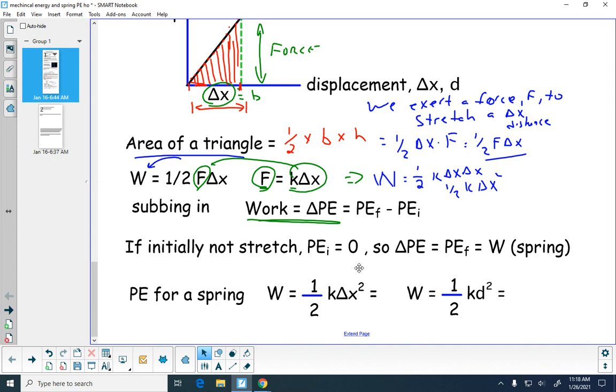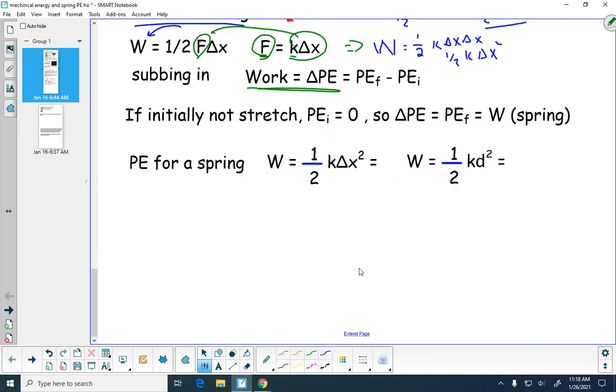Okay, how far did the spring stretch? That's what you're looking at here. That D is just how far the spring stretched.